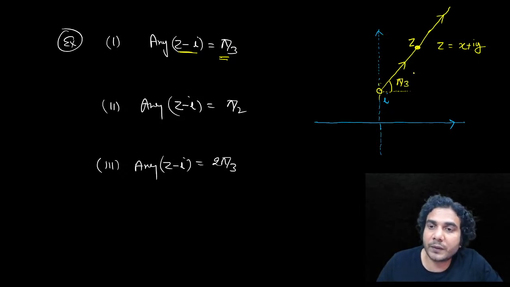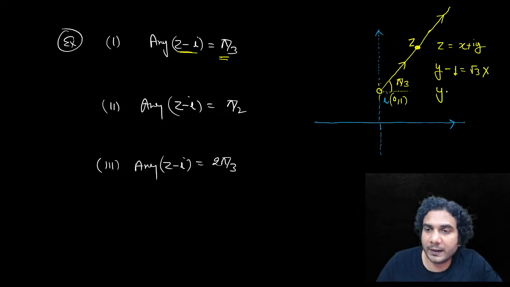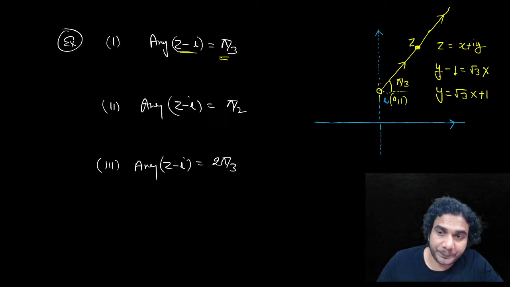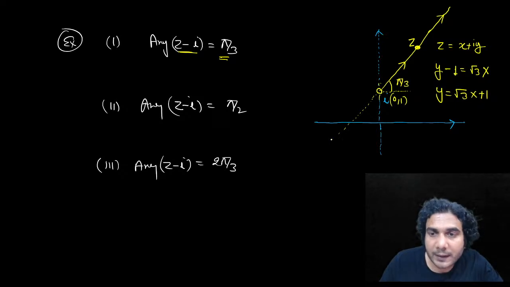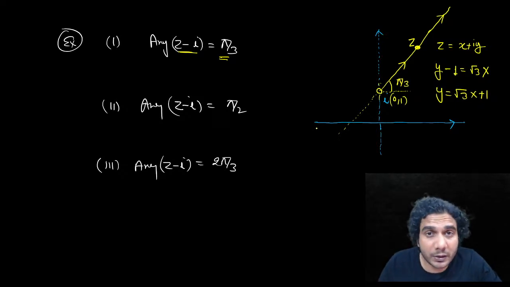The equation of this line: this line is passing through 0, 1, so y minus 1 is equal to tan theta, so tan 60, which is root 3, into x minus 0. So you'll get y is equal to root 3 x plus 1. But this equation will give you the complete line, even this portion of the line which is on the left side of the y-axis, but this is not part of the locus.